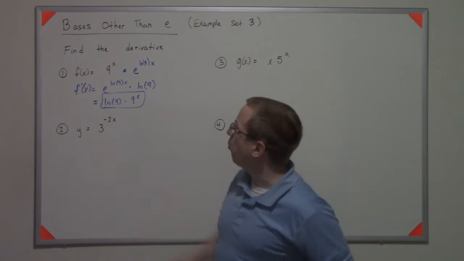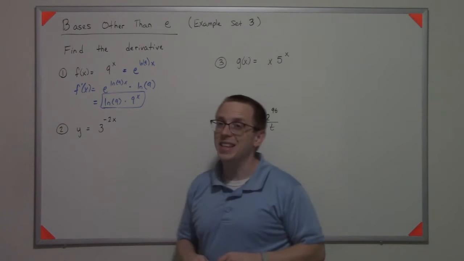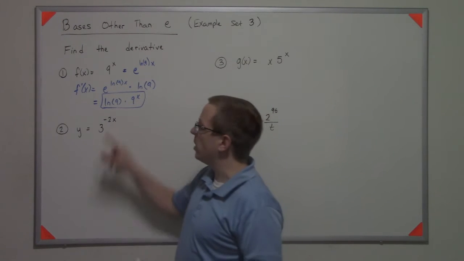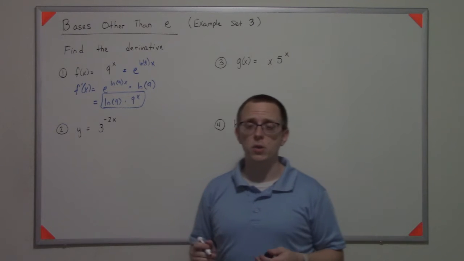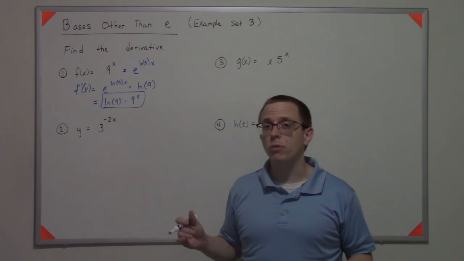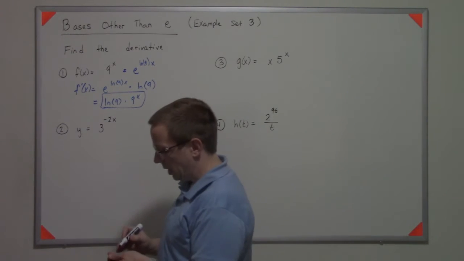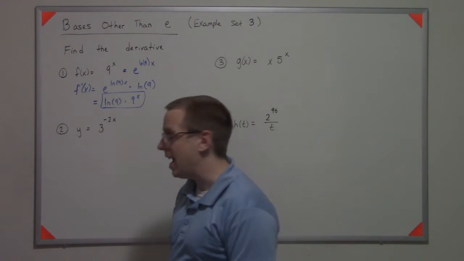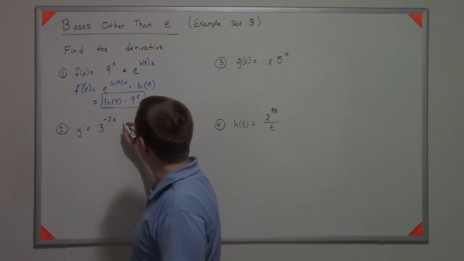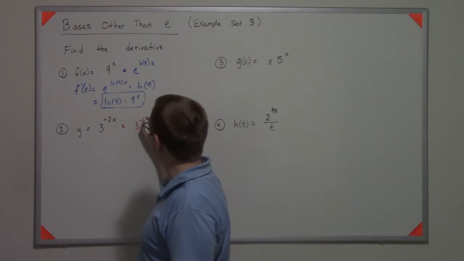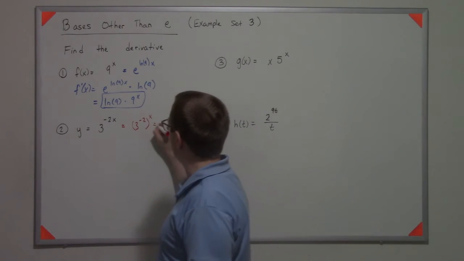Now in this one we have y is equal to 3 to the negative 2x. Now we don't just have 3 to the x, we have 3 to the negative 2x. And there's two ways to solve this. If I'm being clever about it, instead of writing 3 to the negative 2x, I would say that's 3 to the negative 2, to the x.